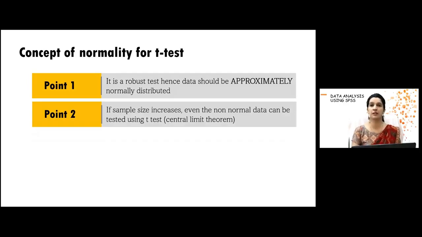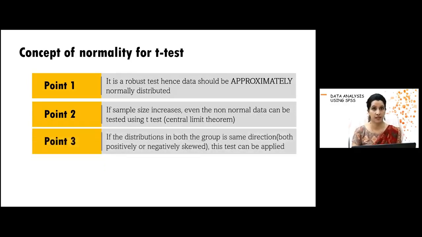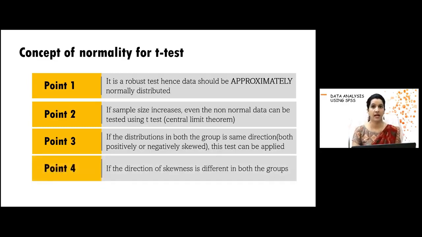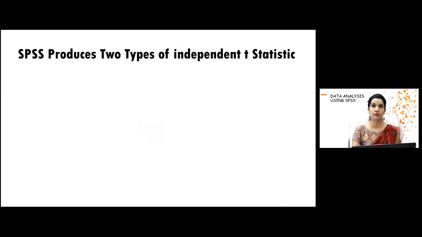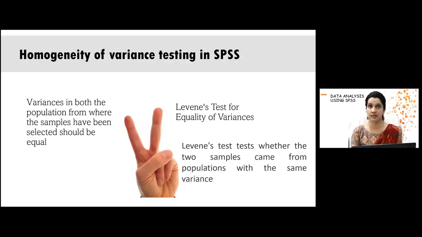The central limit theorem states that the data follows a normal distribution if you increase the sample size. And if the distribution in both groups is in the same direction, both positively or negatively skewed, then you can apply this t-test. And if the direction of the skewness is different in the two groups, then we need to check with the Mann-Whitney U test. So this was the concept of normality.